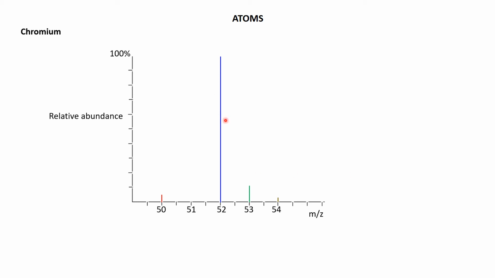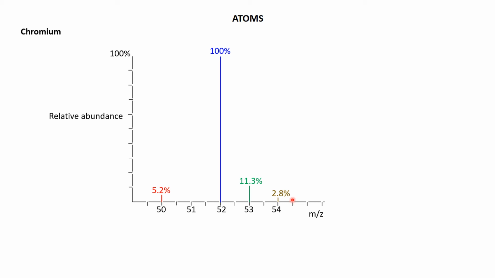And the biggest one, by far the most significant isotope, is chromium 52. Now when we have a look at the heights here, the blue one, the highest one, as I've said, is 100%. And relative to that, the one at 50 is 5.2%. So in other words, it's about a 20th of the height of this one. The one at 53 is 11.3%. The one at 54 is 2.8%.